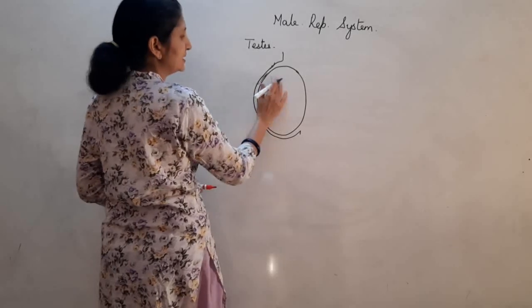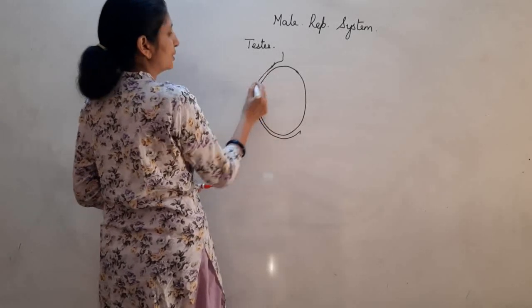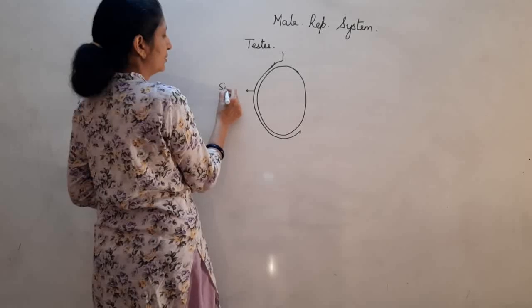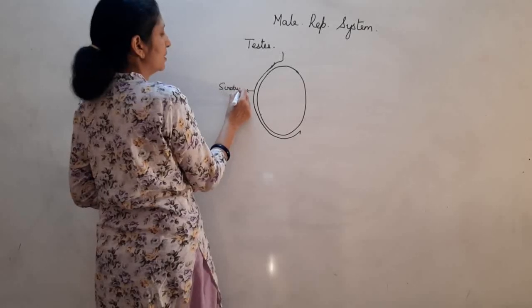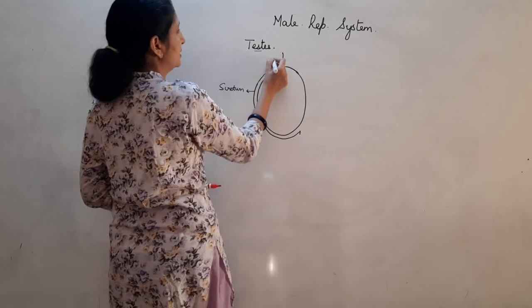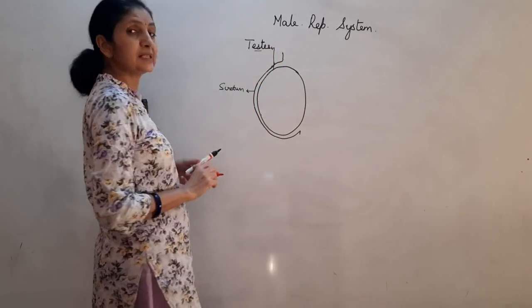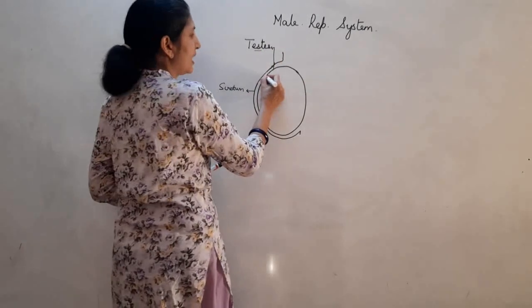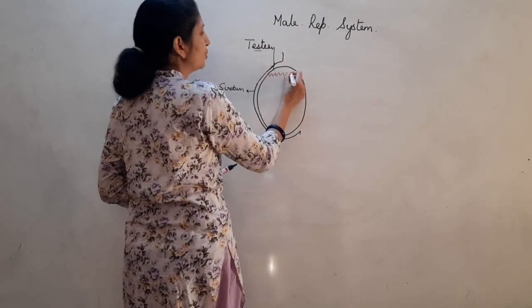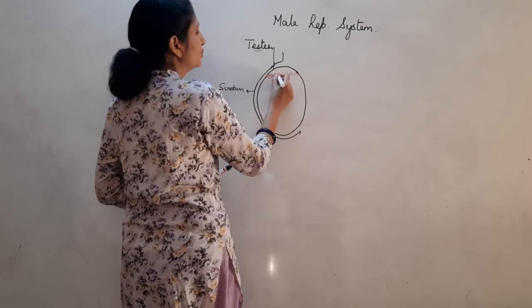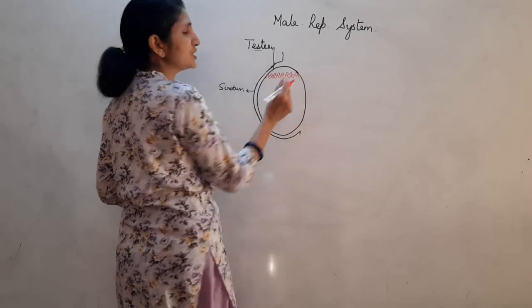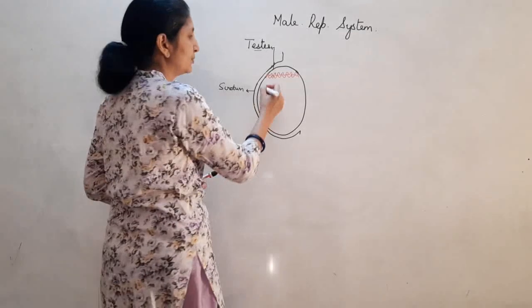These are the testes, this is the scrotum. ये आपको दोनों structure पता हैं, I've mentioned. Inside the testes, there are numerous small tubules like this. What do we call tubules? Very small tube-like structures, tubules बोलते हैं उनको.